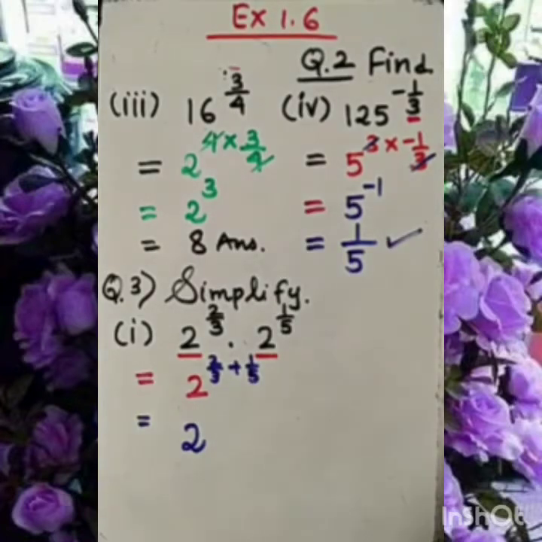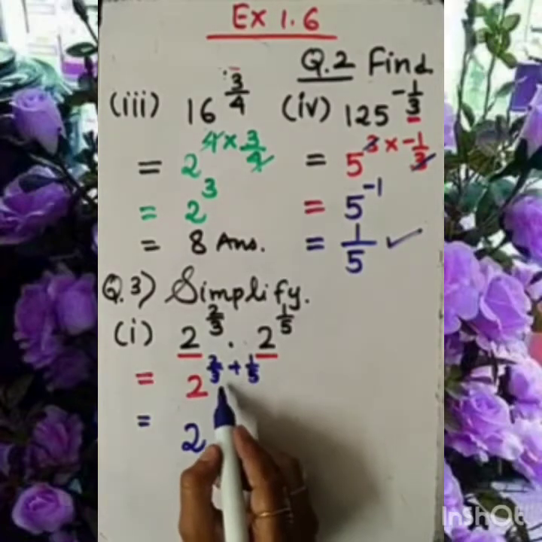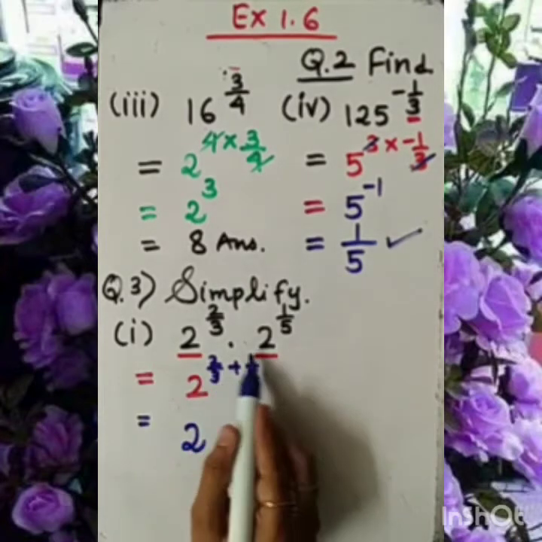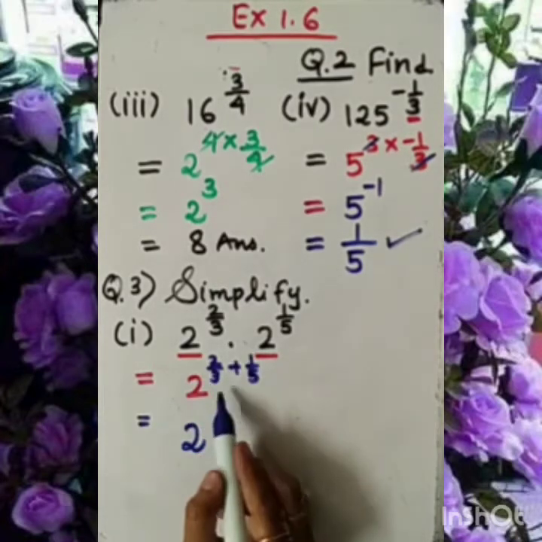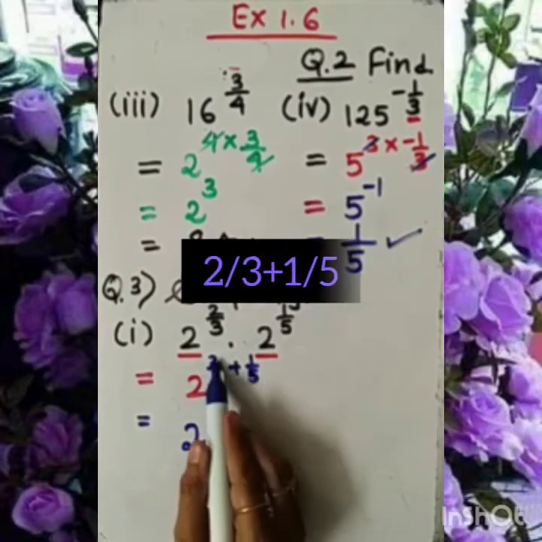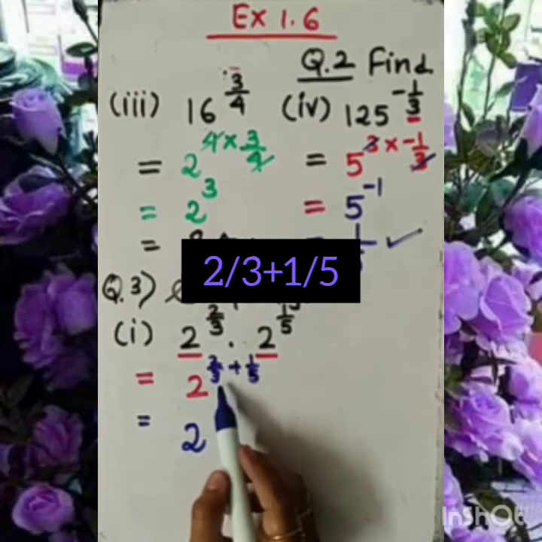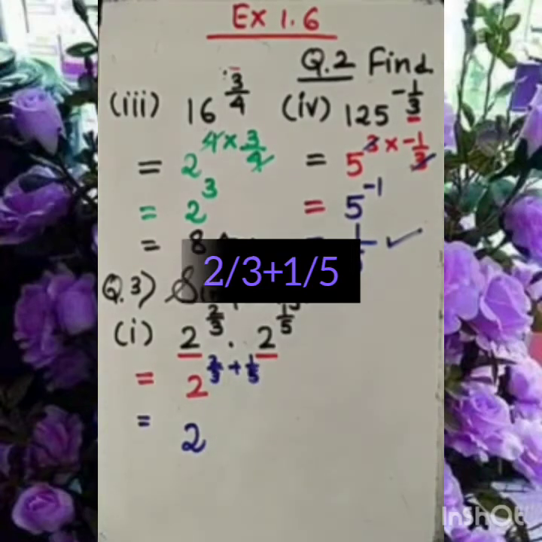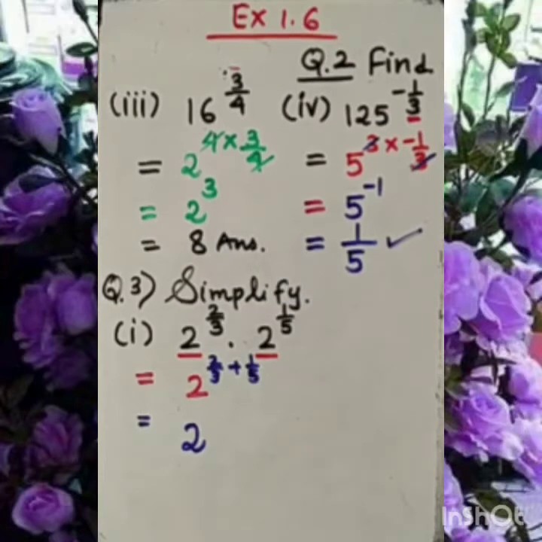And as we have studied in our previous classes how to simplify this type of fractional numbers, we know very well the LCM of 3 and 5, as both of these numbers, 2 by 3 and 1 by 5, are not like fractions. So let's convert them into like fractions.